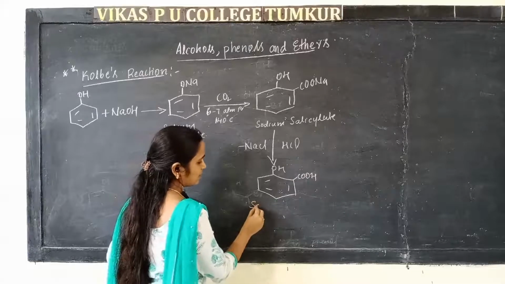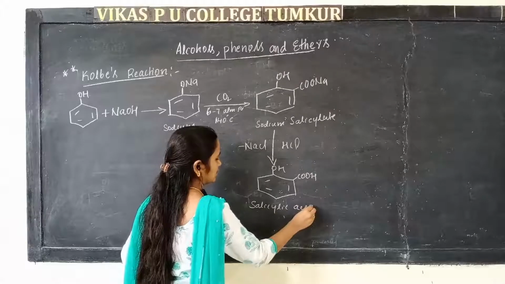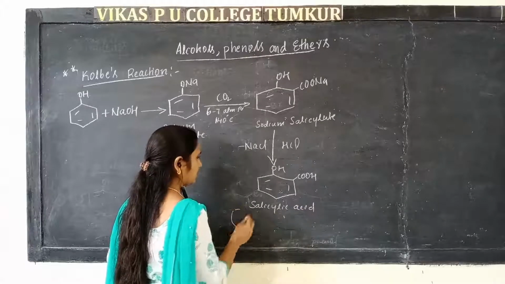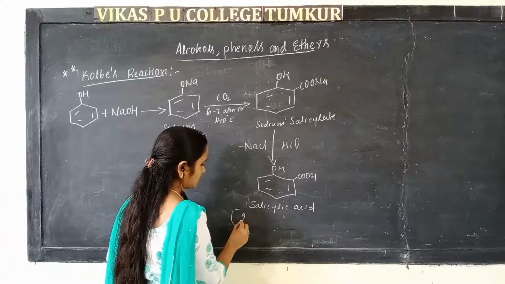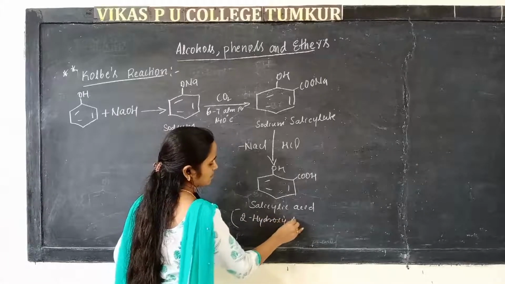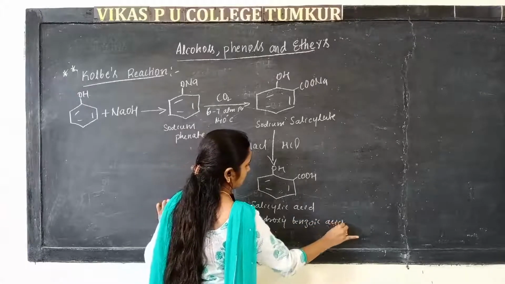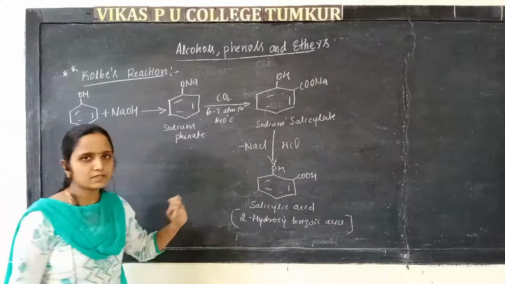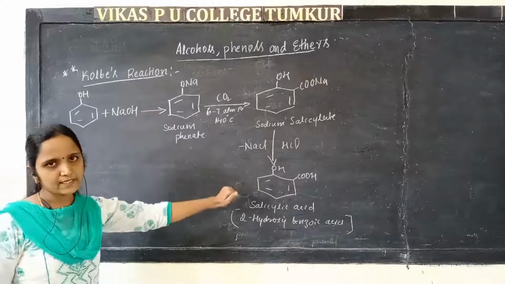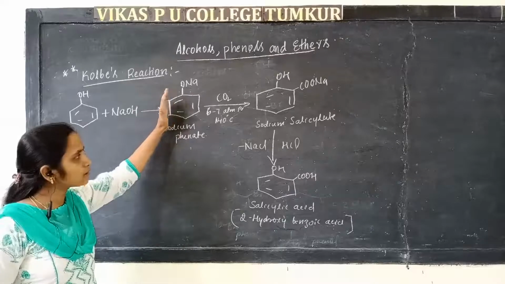The name of this compound is salicylic acid, otherwise called 2-hydroxybenzoic acid. This reaction we call the Kolbe reaction. Directly you can start from here also, no problem.